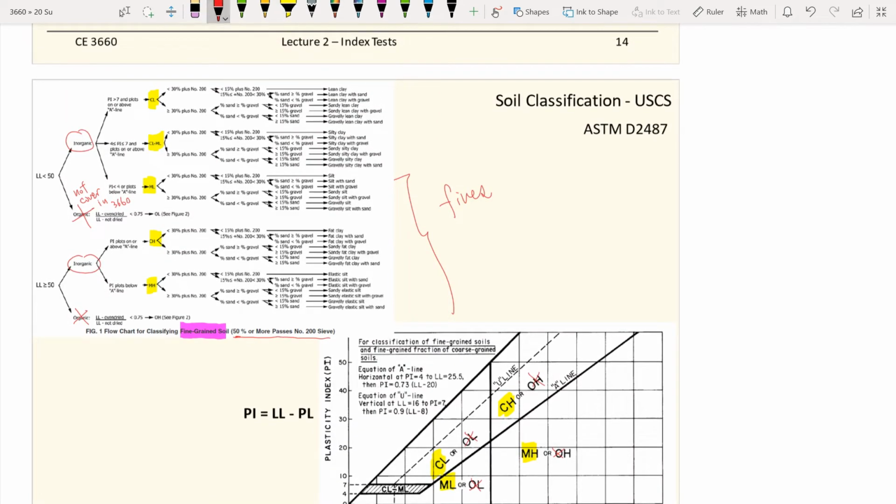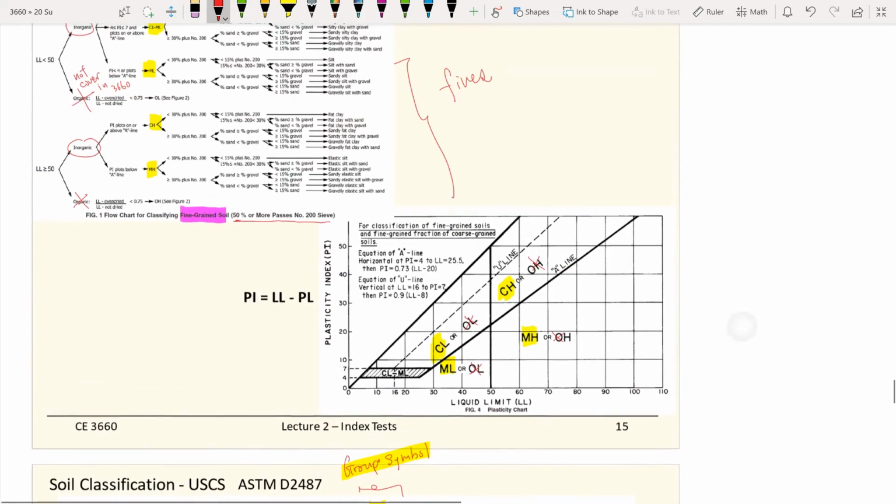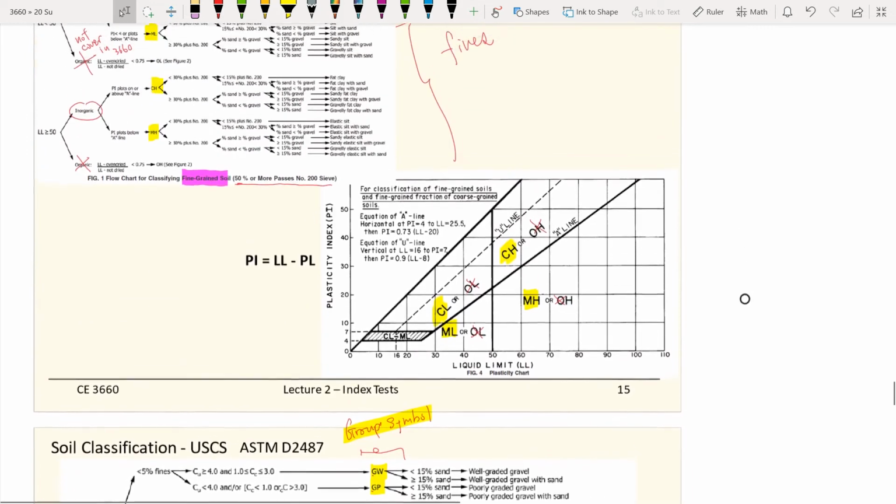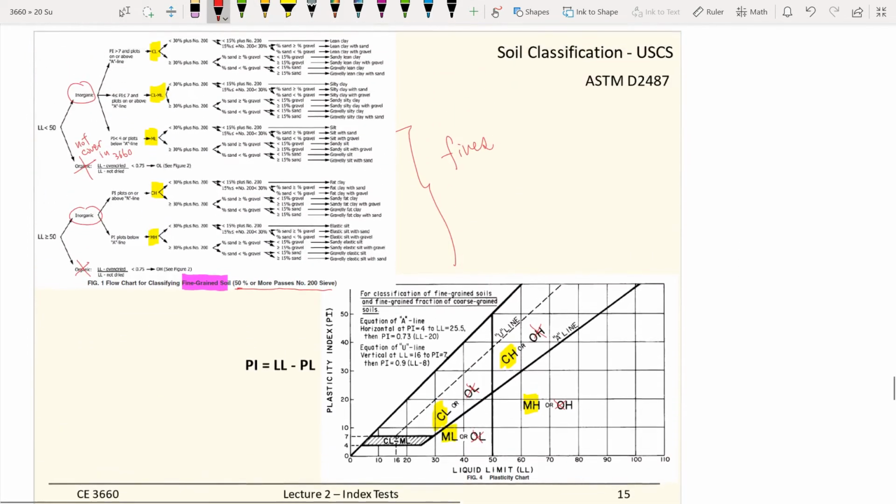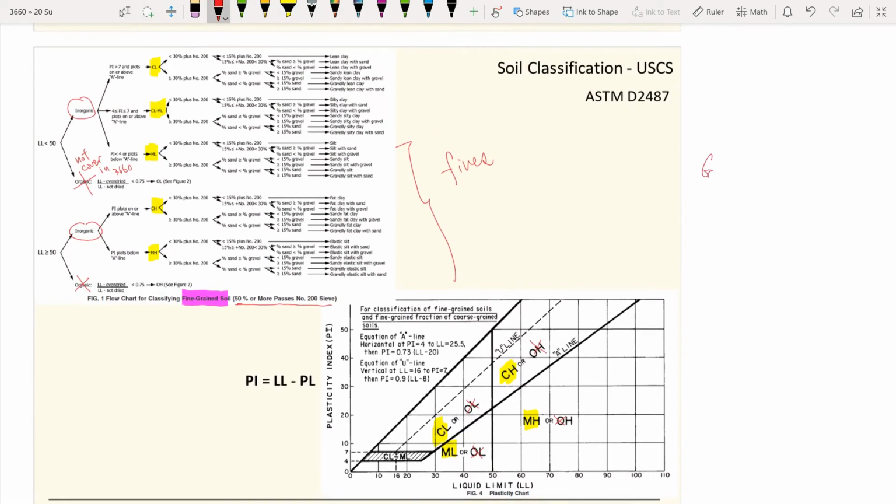G is gravel, S is sand, M is silt, and C is clay.